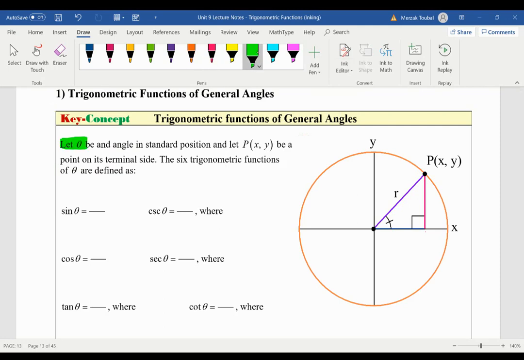Let theta be an angle in standard position. So let's take a look at the figure. This is angle theta. It is in standard position. The initial side is on the positive x-axis. Let's use a different color.